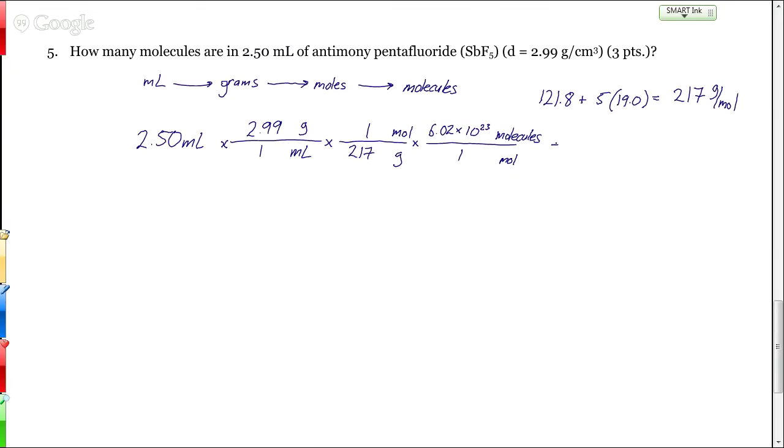Okay, we put all that together, and get something like 2.07 times 10 to the 22. That sound right?